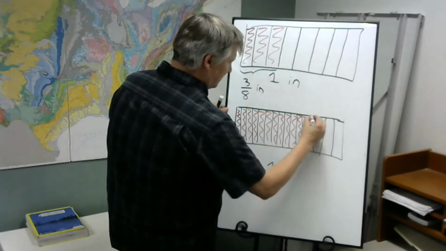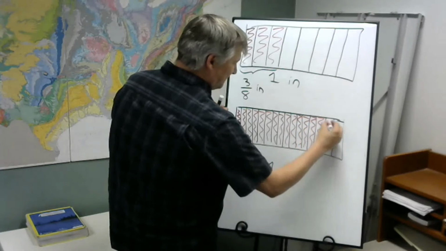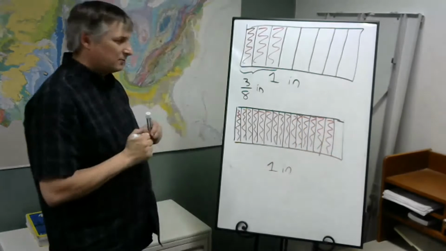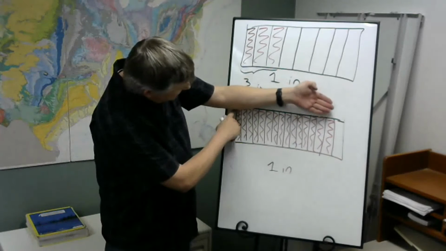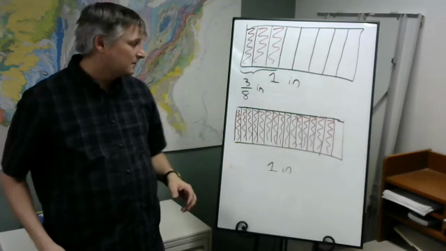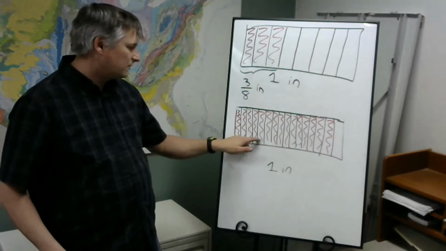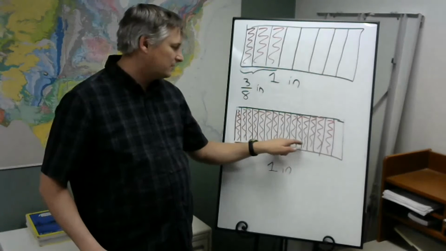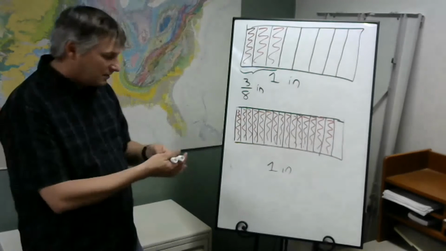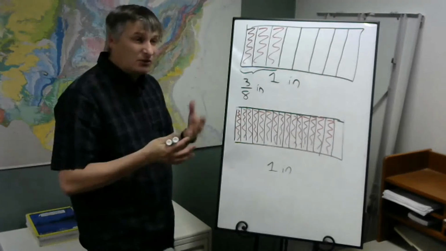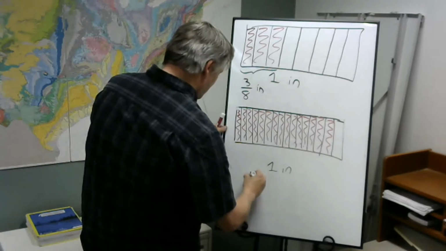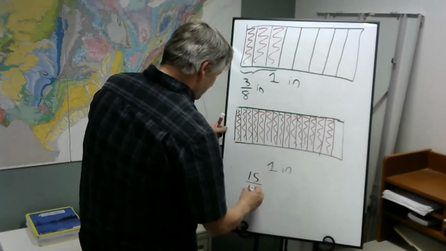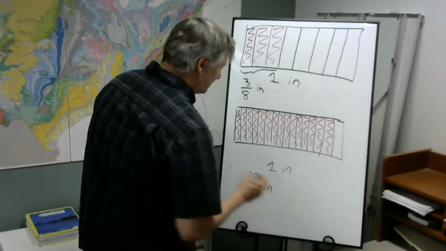We measure something, and this thing is not quite from here to here. It's not quite a whole inch, but it's 1, 2, 3, 4, 5, 6, 7, 8, 9, 10, 11, 12, 13, 14, 15 of these little subdivisions. That's how long this thing is. And then we'll say this is 15/16 of an inch.